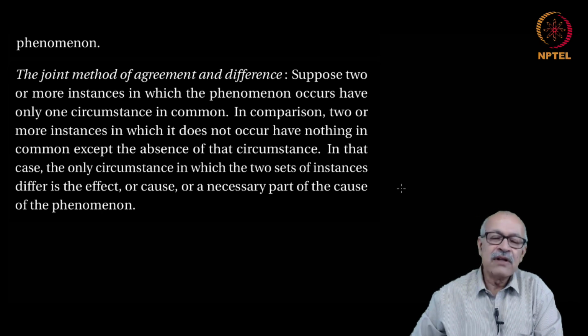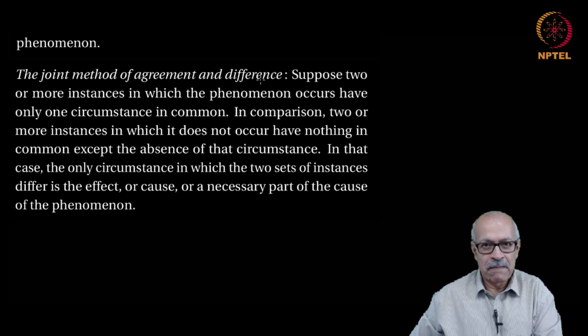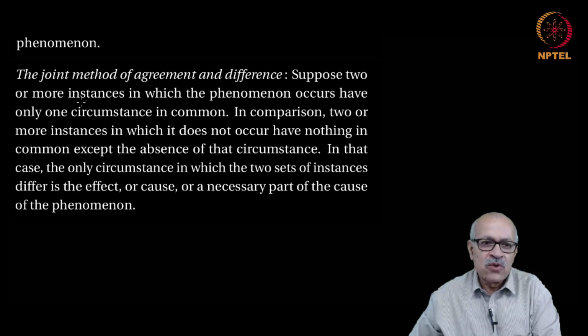Now, the third one, according to John Stuart Mill, is a joint method using both agreement and difference. He says that suppose two or more instances in which the phenomenon occurs have only one circumstance in common, and in comparison, two or more instances in which it does not occur have nothing in common except the absence of that circumstance.